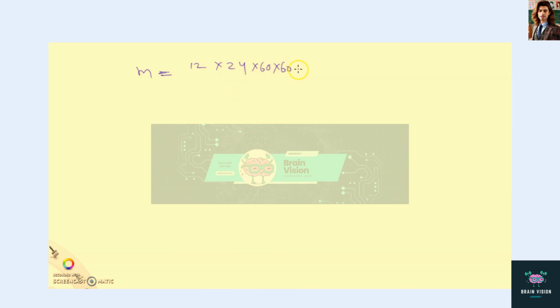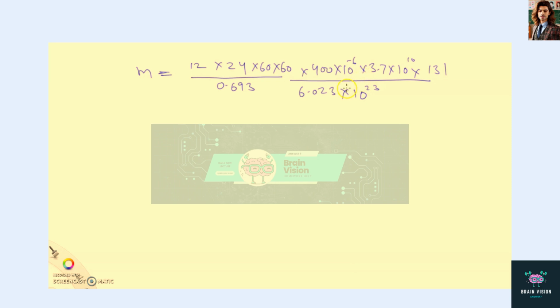This is the half-life in seconds, divided by 0.693. Then dN/dt is 400 × 10^-6 × 3.7 × 10^10, into 131 for molar mass, and for Avogadro number this is 6.023 × 10^23.